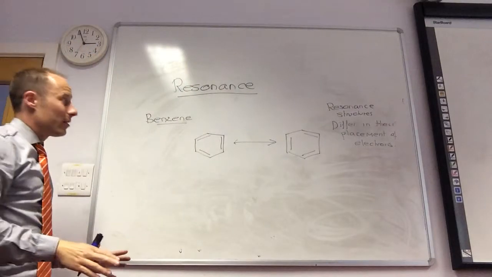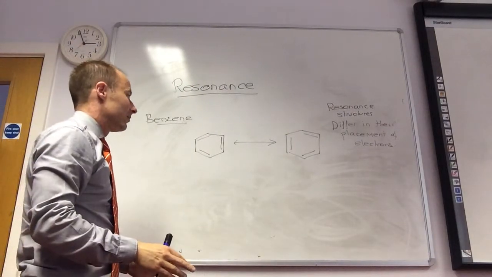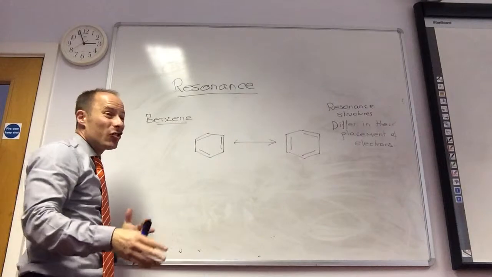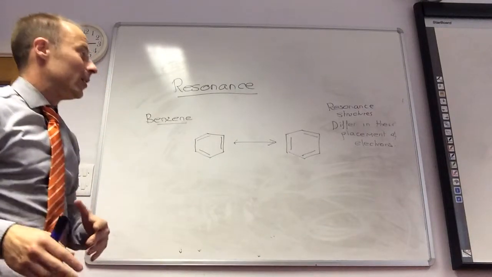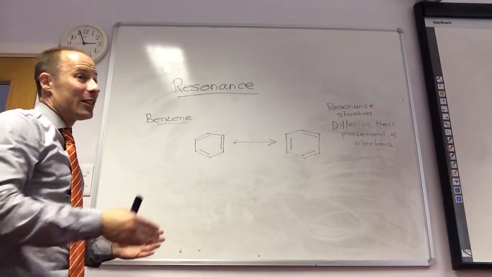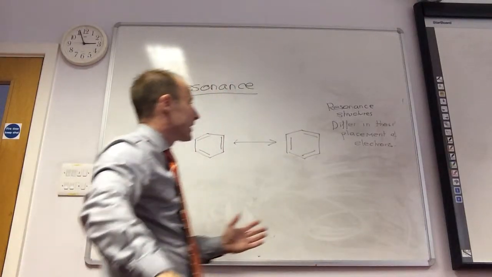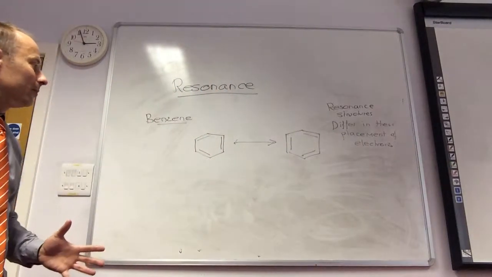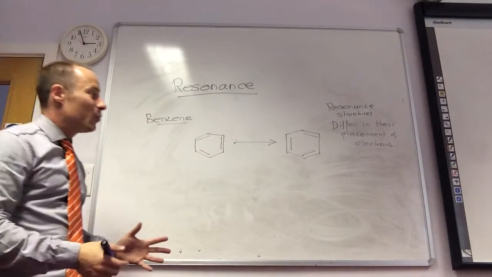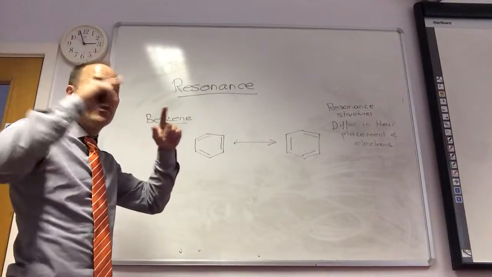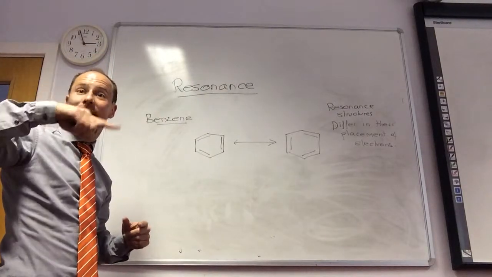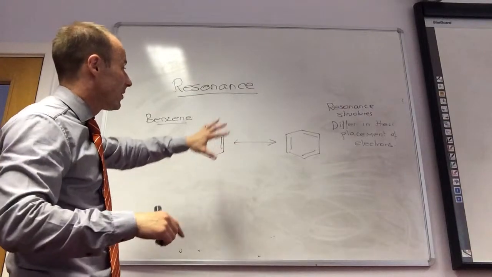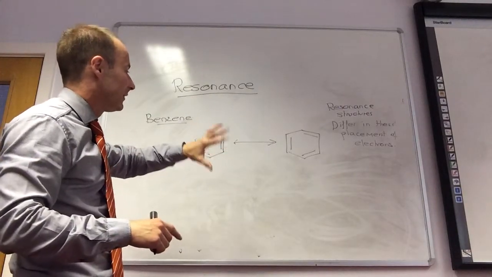Neither of them exist. And generally, the more resonance structures we can draw for a molecule, the more stable it is, because it shows that I can spread my electrons out around my molecule. And that's why we draw benzene with a little circle in the middle, because that represents these two structures.